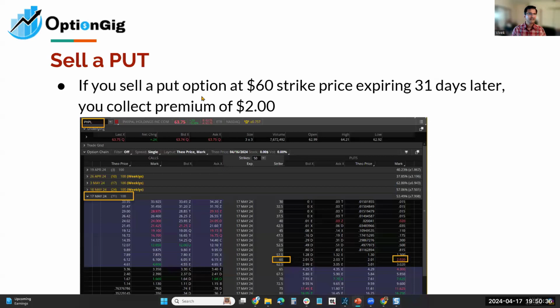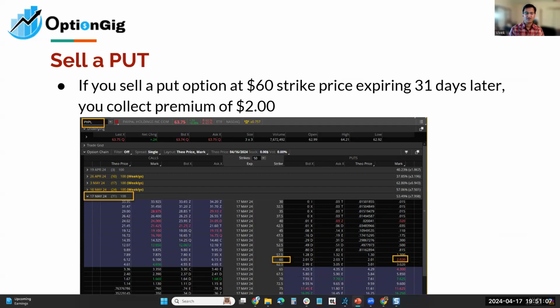Remember what happens if you sell a put option at the 60 strike price? Going back to the same chart, you get $2 as a premium. Now you are selling a put option contract, the last part of the previous section. You're giving someone else a right to put the shares to you at $60, which you are okay to buy.